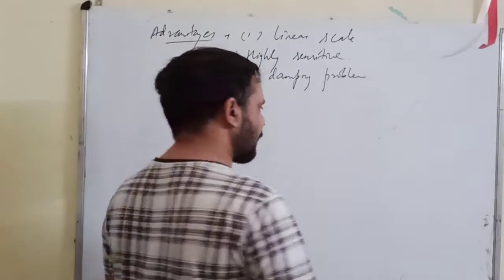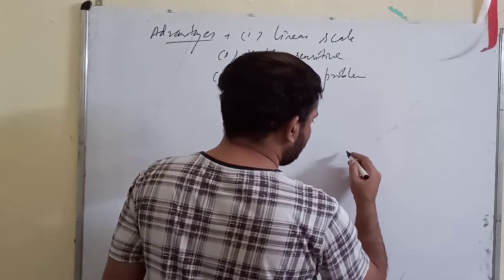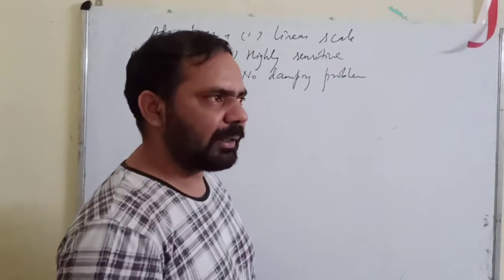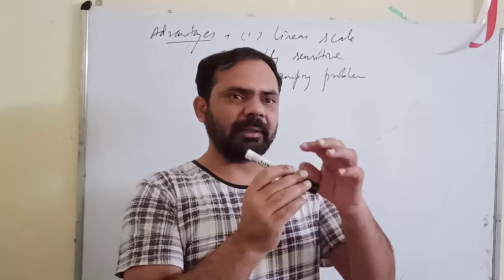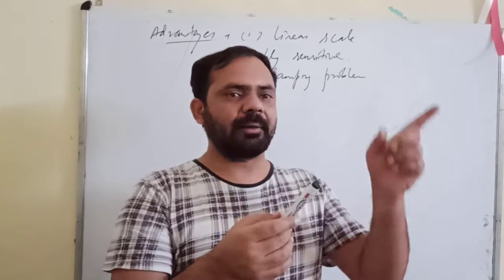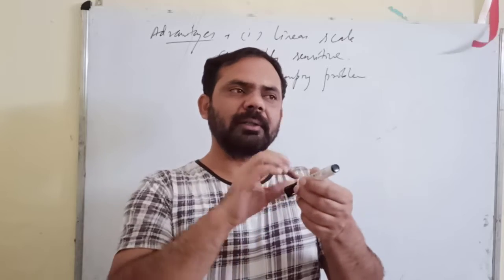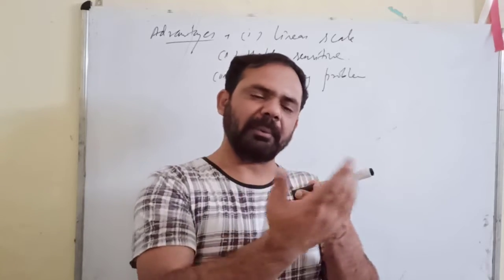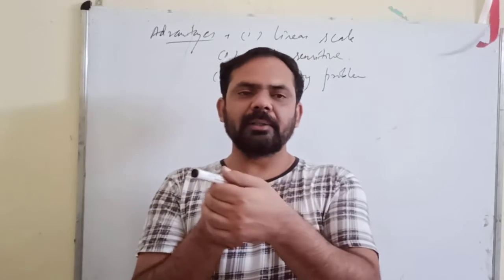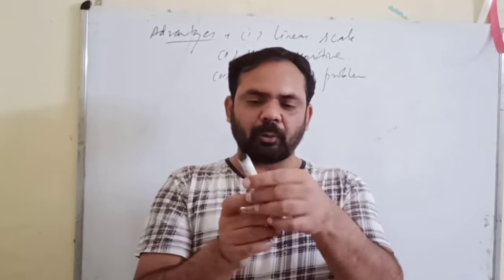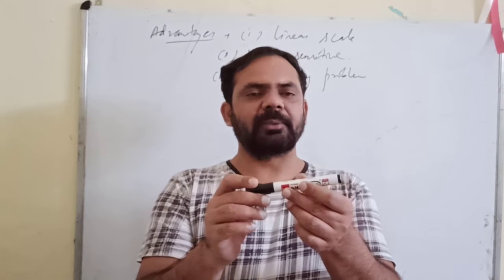So what happens here is that the deflecting torque is trying to increase the value of alpha, and the restoring torque is stopping the coil from increasing the value of alpha. At the equilibrium position, it is not like the coil turns and stops there.